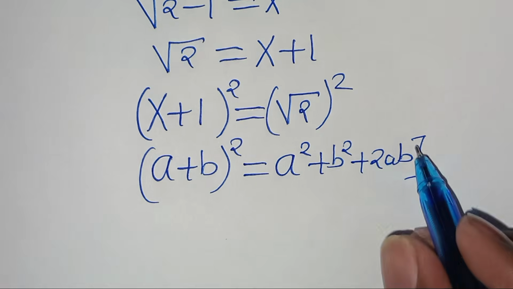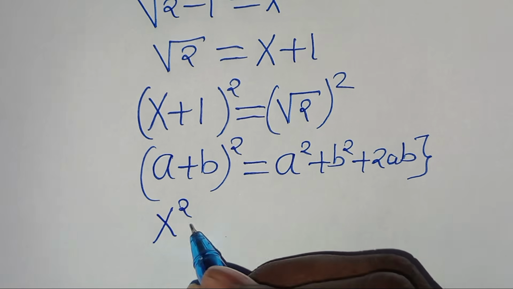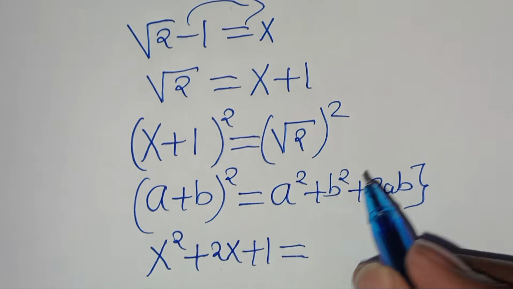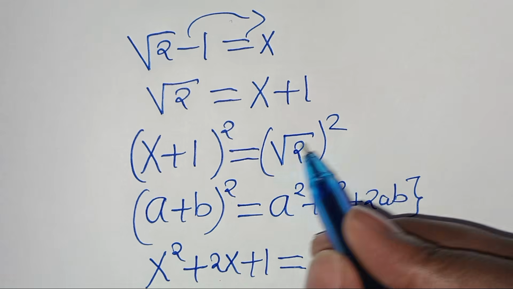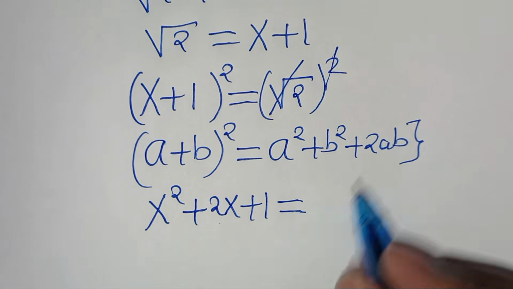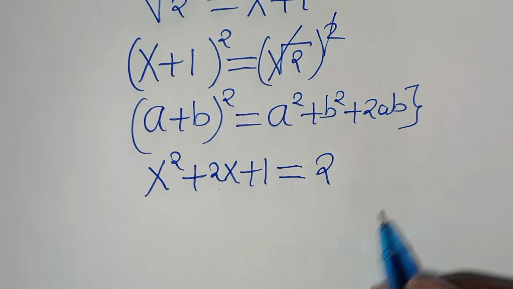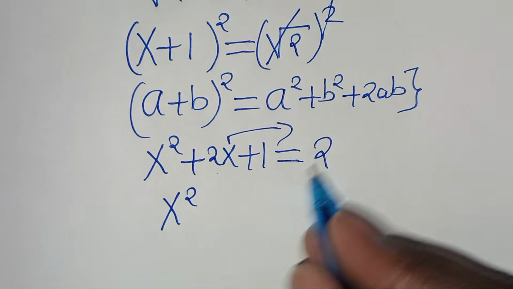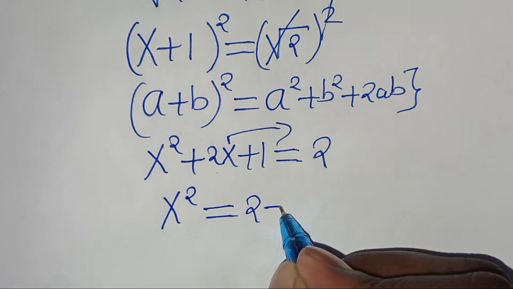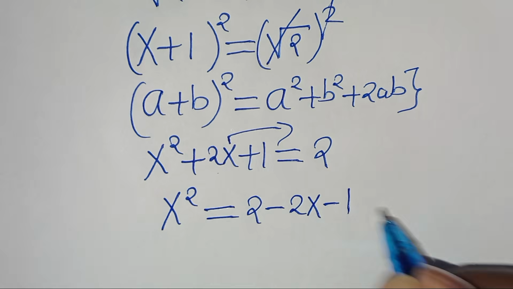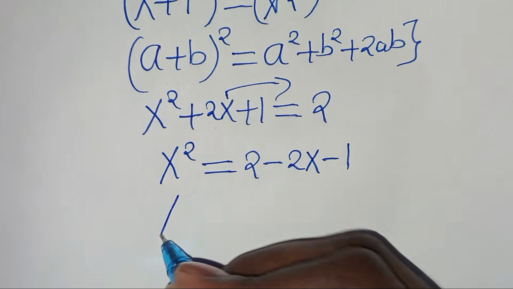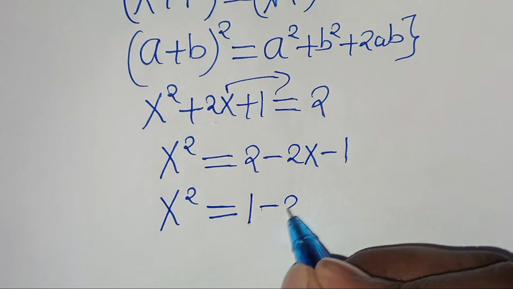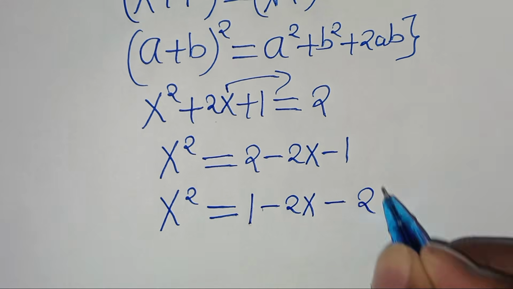Applying this algebraic identity, we have x squared plus 2x plus 1 equal to the square root of 2 to the power of 2, so we can eliminate the square root sign, which gives 2. Let's take 2x plus 1 to the right hand side, so x to the power of 2 is equal to 2 minus 2x minus 1, which is 1 minus 2x. Let's call this equation 2.